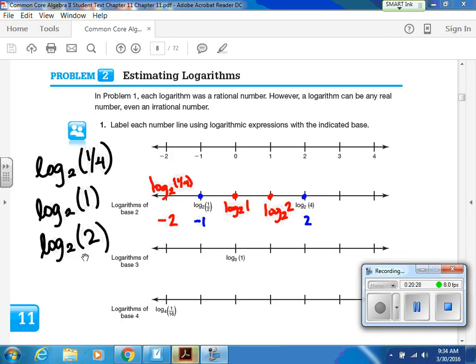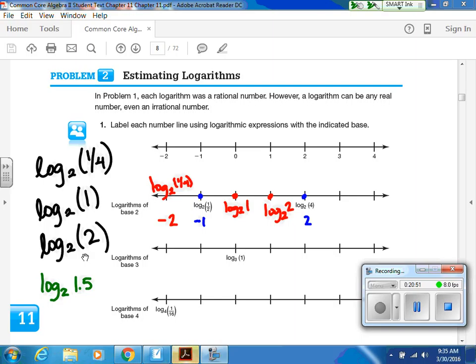So looking at that number line, if I needed to find log base 2 of 1.5, that's basically log base 2 of 3 halves. So you're taking the square root of 2 and you're cubing it. You may know what the square root of 2 is right off the top of your head? Yeah, no, right?